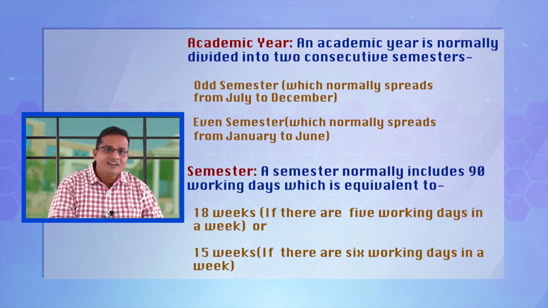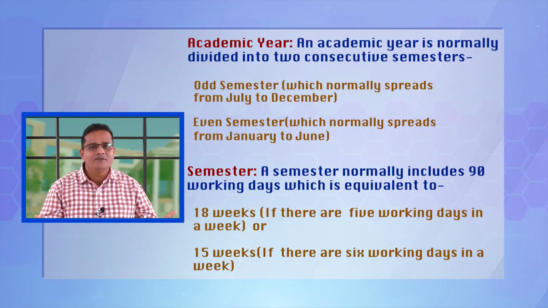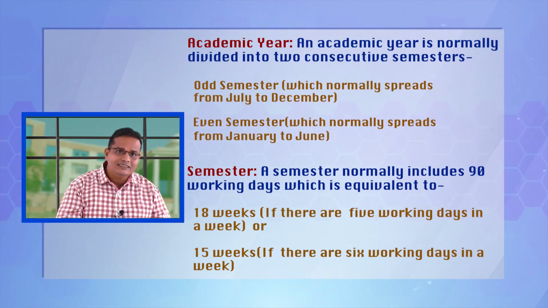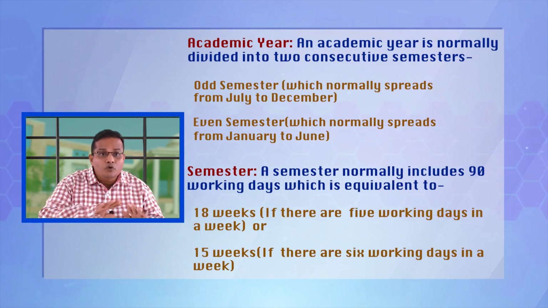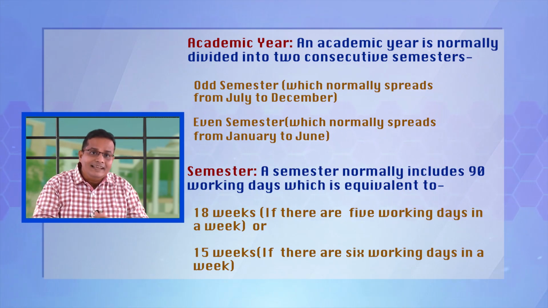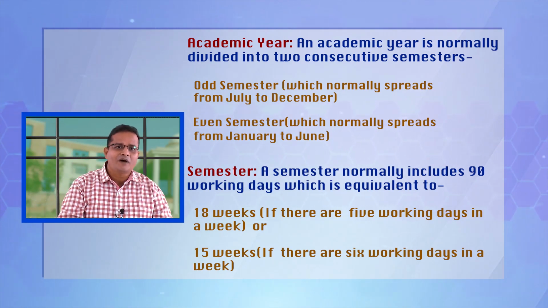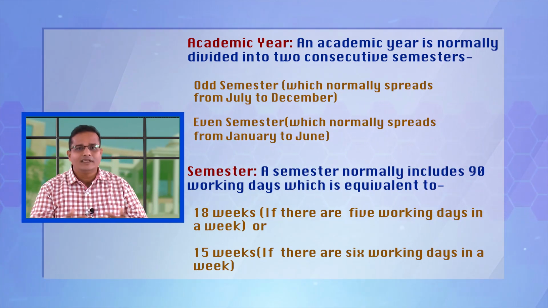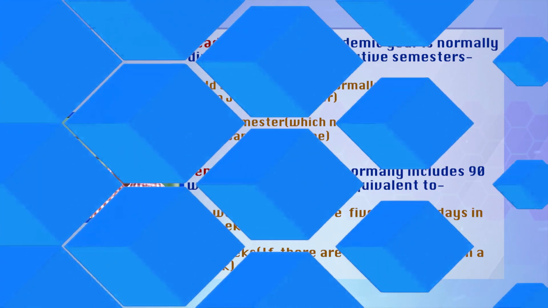A semester has a specified meaning in CBCS. A semester in CBCS normally includes 90 working days, which is equivalent to 18 weeks if there are 5 working days in a week, or 15 weeks if there are 6 working days in a week.